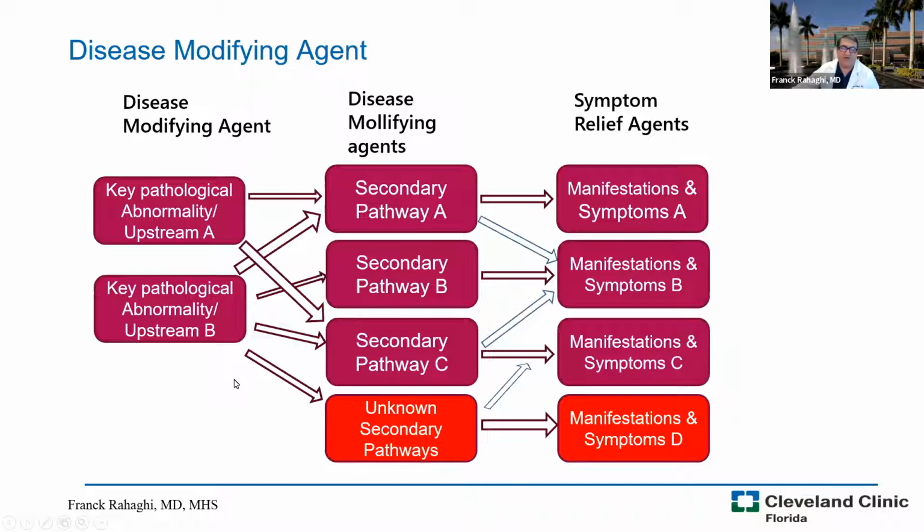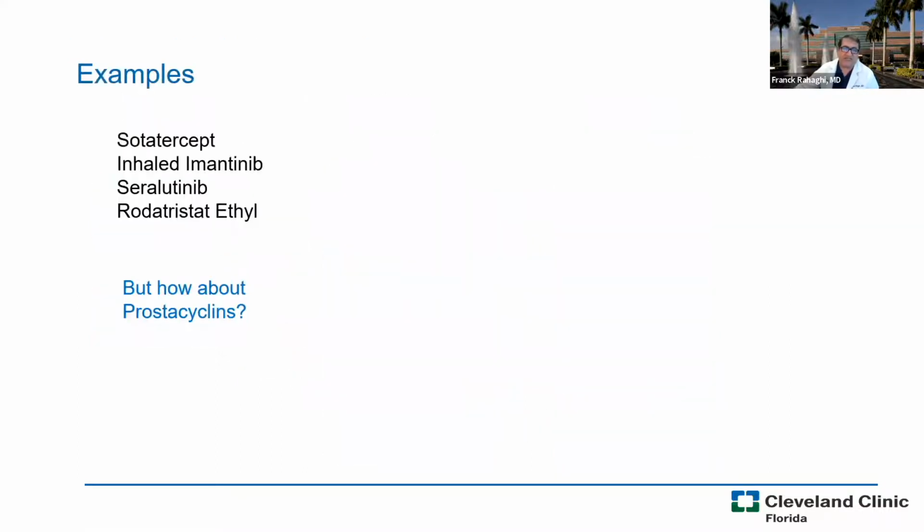And so we are now getting enough into the woods that pharma companies are suggesting that their drugs are disease modifying. And it very well may be true. Drugs that are being studied now, such as sotatercept, inhaled imatinib, seralutinib, rodatristat, which has to do with serotonin.